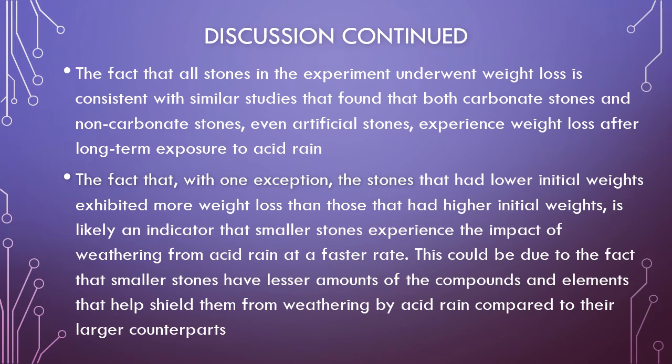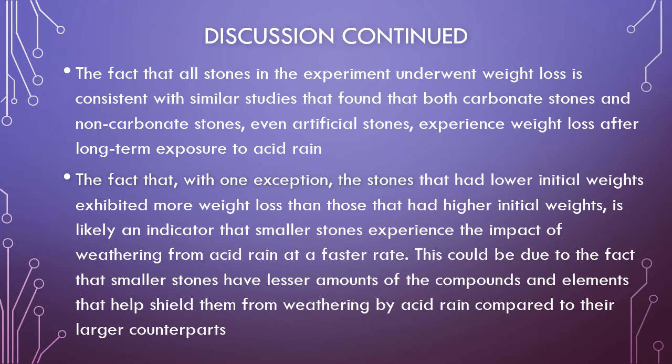So the fact that all stones in the experiment underwent weight loss is consistent with similar studies that found that both carbonate and non-carbonate stones, including even artificial stones, experience weight loss after long-term exposure to acid rain.